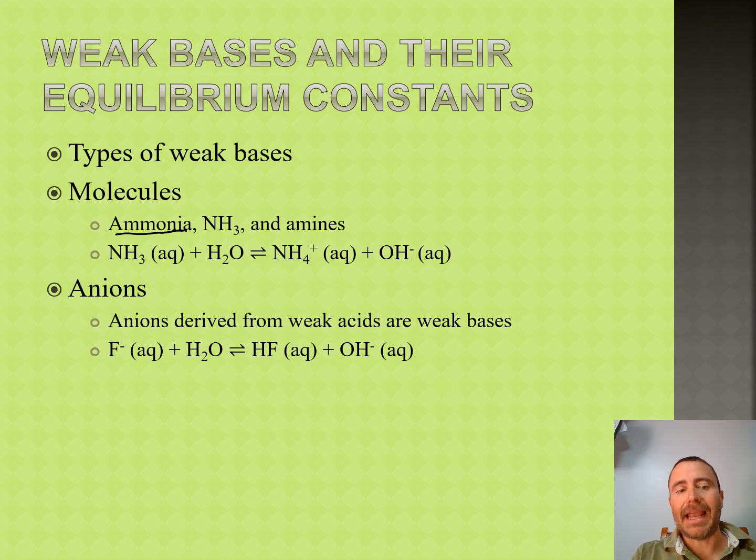And anions, all right? And again, we're going to learn specifically which anions like to become weak bases. Those are the anions that come from weak acids. All right, so if we know which acids are weak, then we know that the anion part of that can be a weak base as well.